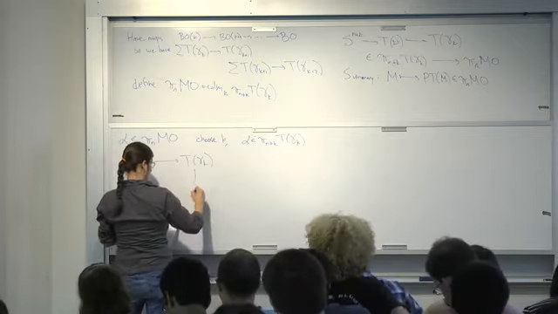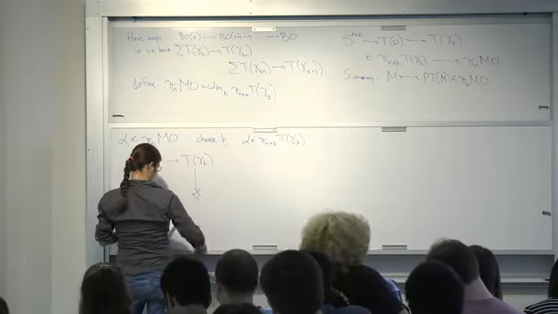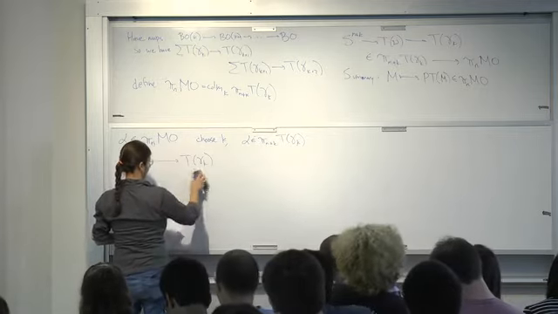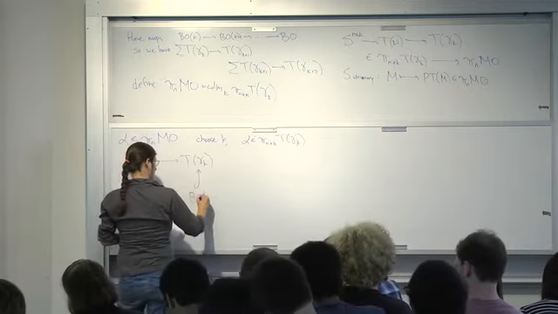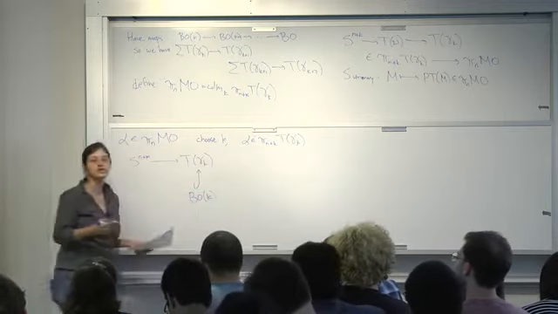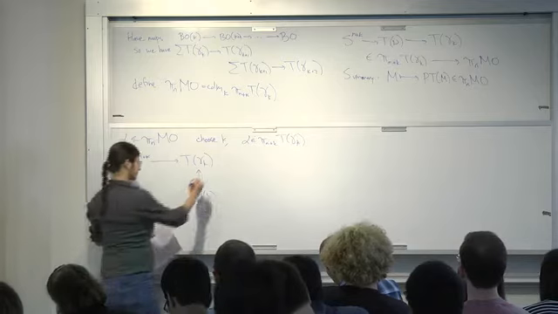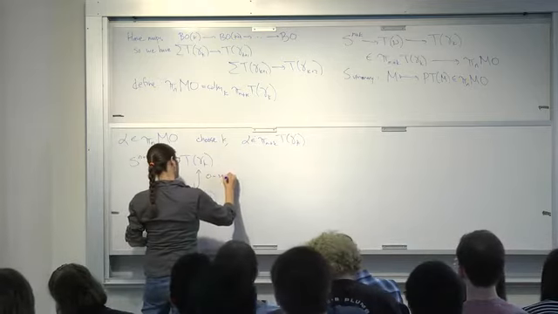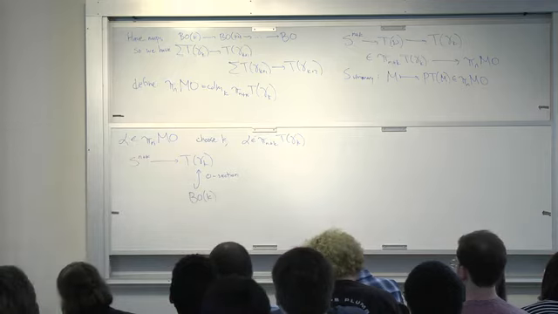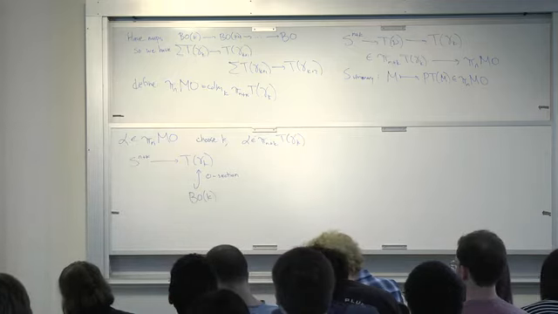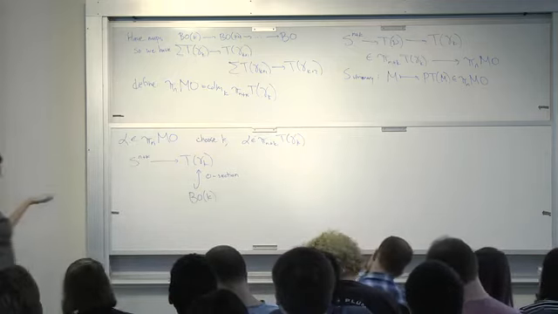And this has a map from, actually, I'm going to draw the other map. This has a map from BOk. This is the 0 section. And if we were doing this last time we didn't have this Thom space of gamma k.